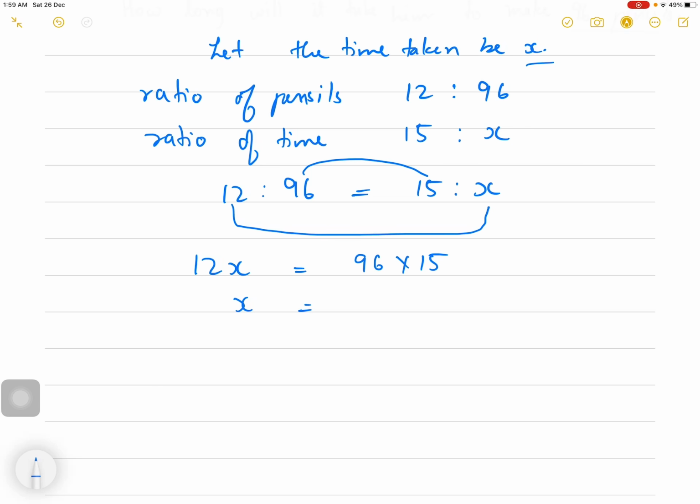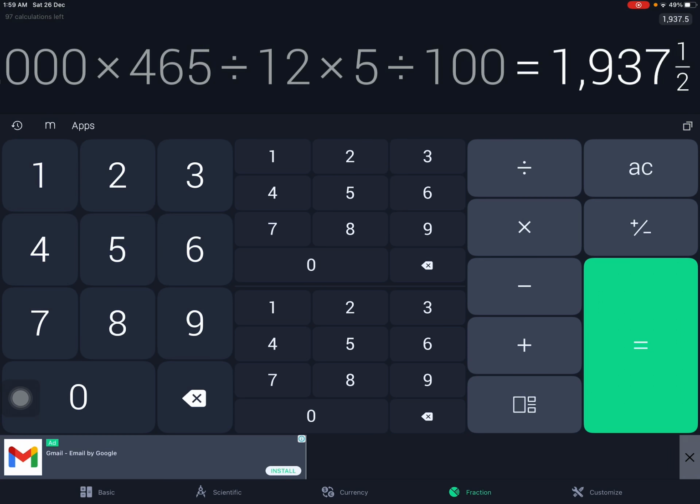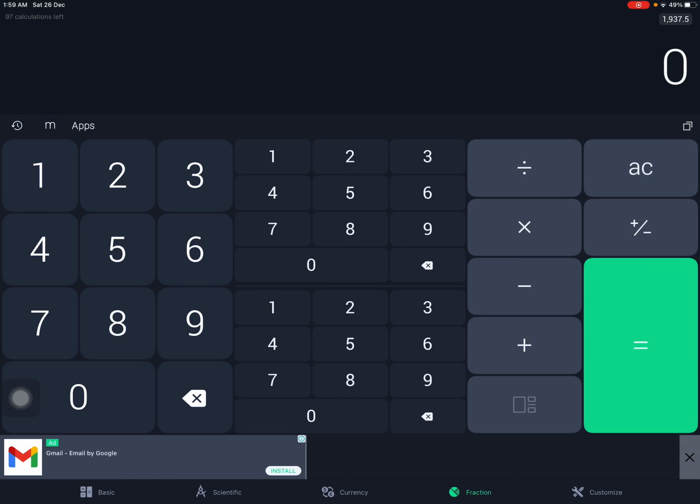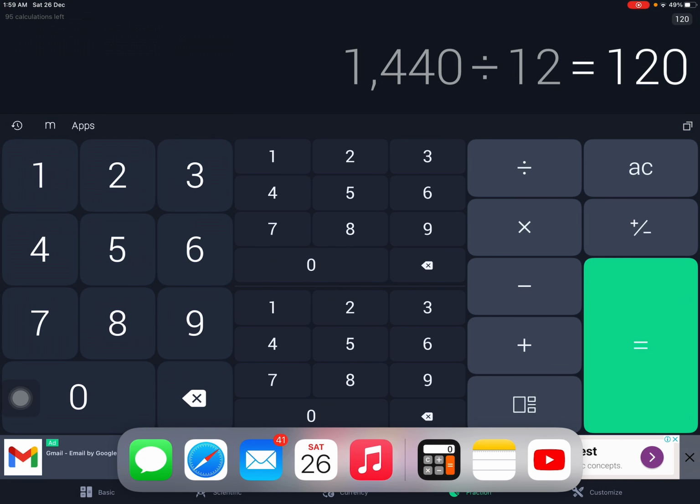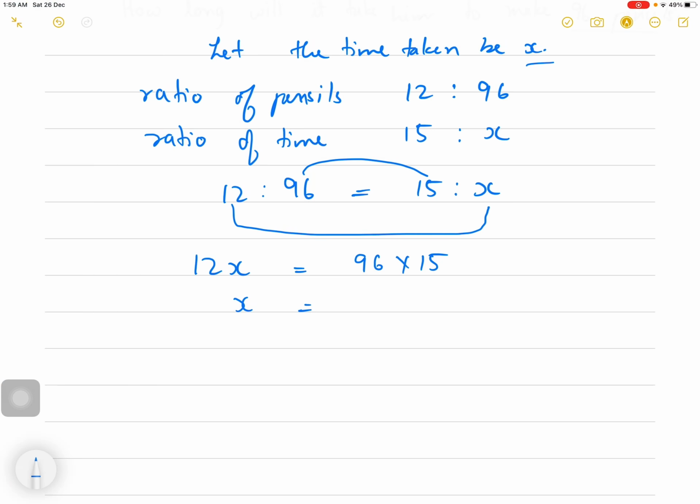Let's see how much it is. 96 into 15, 1440, divide by 12, it comes to 120. So x is equal to 96 into 15 divided by 12, which comes to 120.